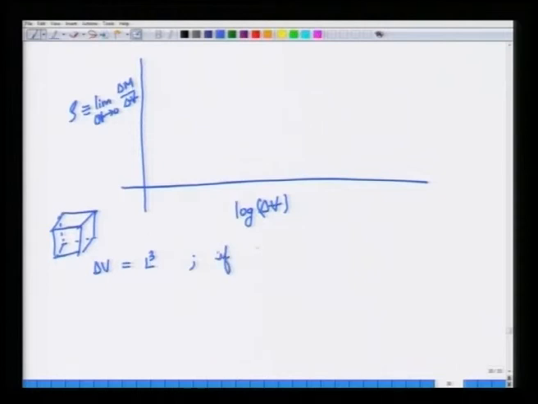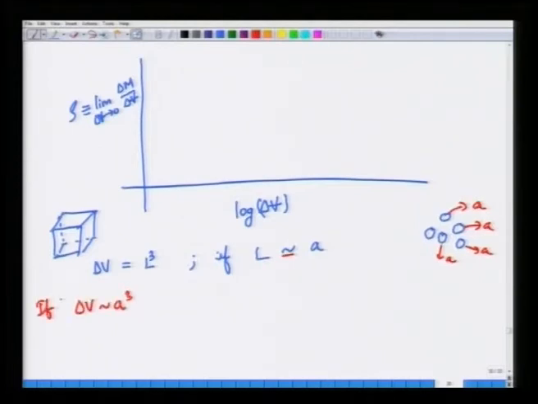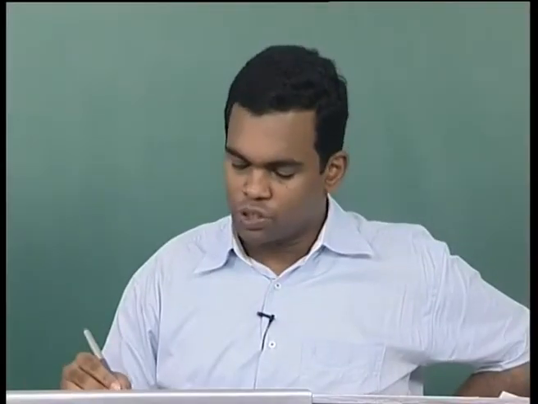If L is comparable to molecular dimensions, let us say you consider a liquid whose molecules have diameter A. If L is comparable to A, then the volume is comparable to A cube, a molecular volume.